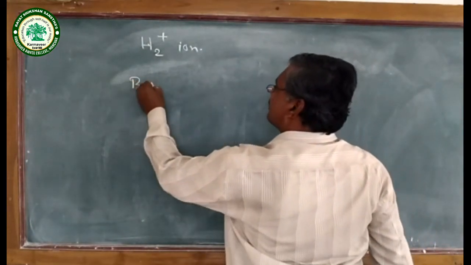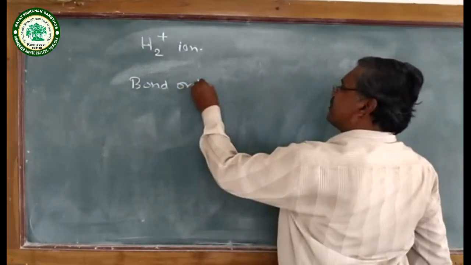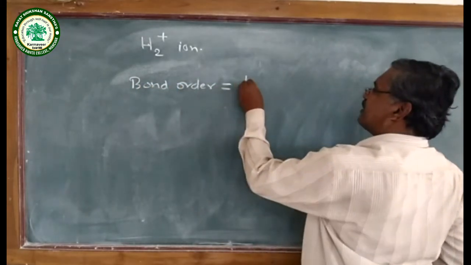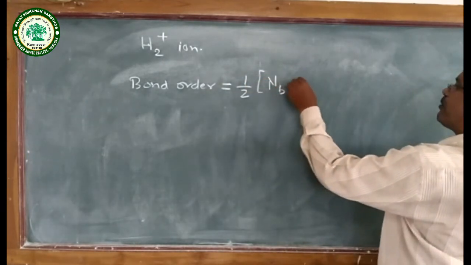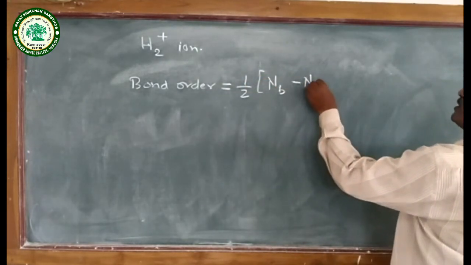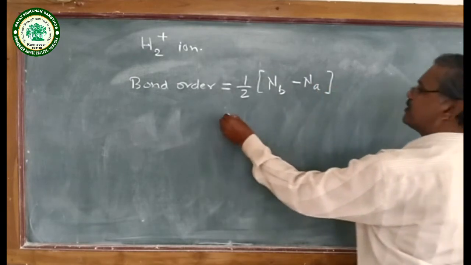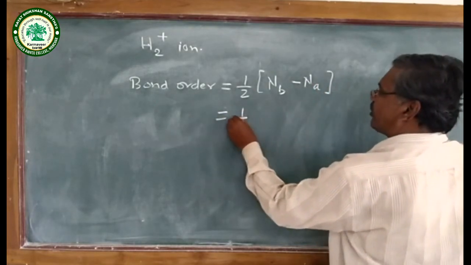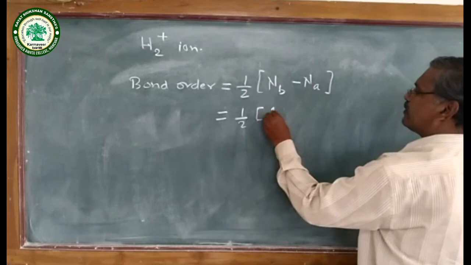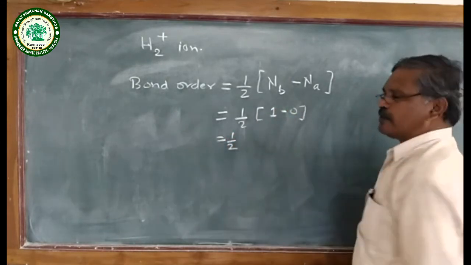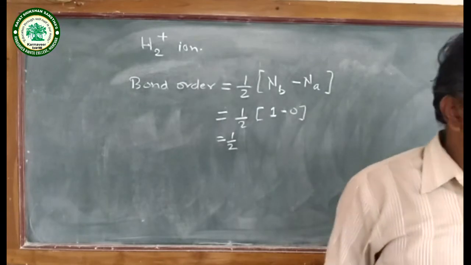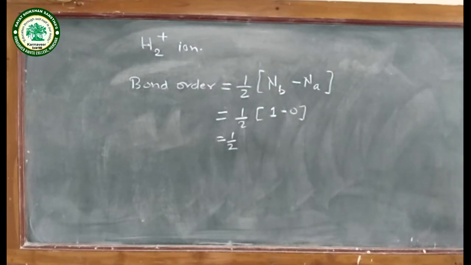The bond order is given by the formula half into bracket number of electrons in bonding molecular orbitals minus number of electrons in anti-bonding molecular orbitals, and thus the bond order is 1/2. So the stabilization energy and the bond order suggest that the ion is somewhat stable.